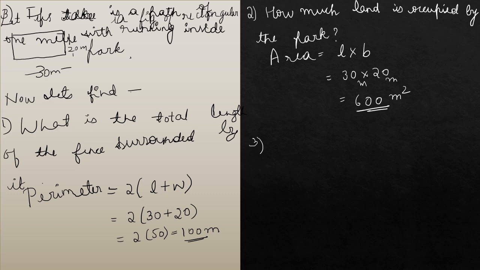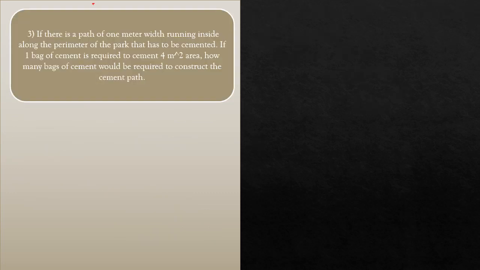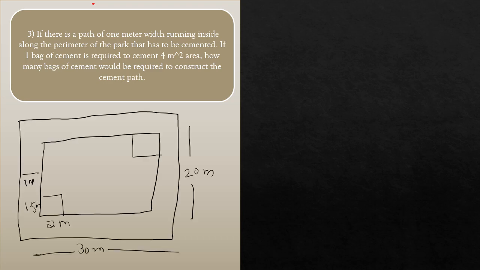So let's see the third question in the slide. Here in the question, there is a path of 1 meter width running inside along the perimeter of the park, that has to be cemented.